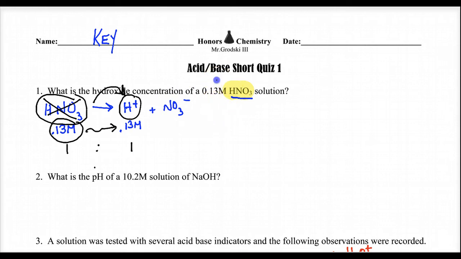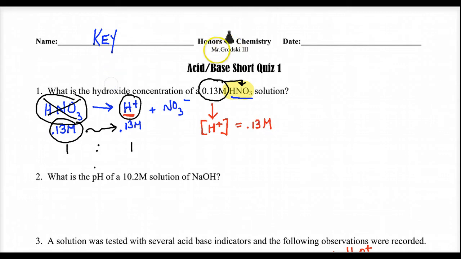So knowing that this number is the concentration of the acid and it's also the concentration of the proton, I now have the H+ ion concentration because of complete dissociation. It equals 0.13 molar. Now they wanted in the question, what is the hydroxide concentration?